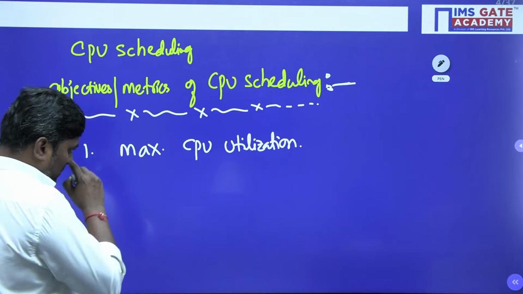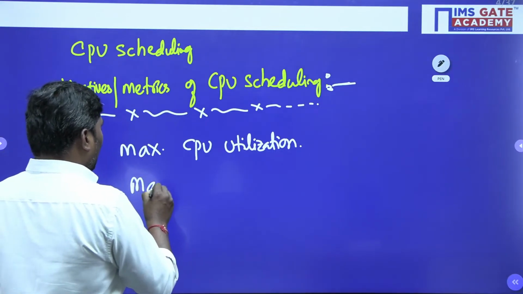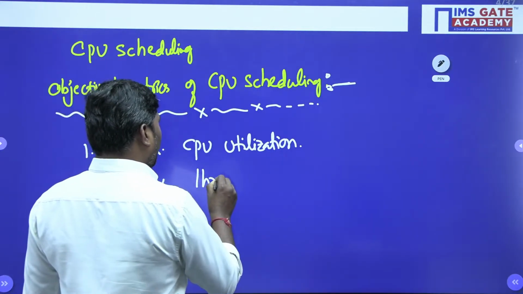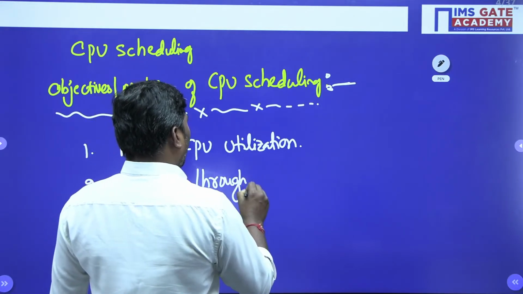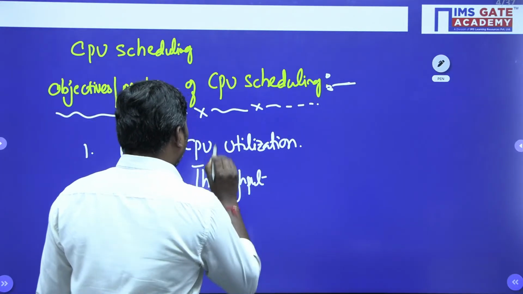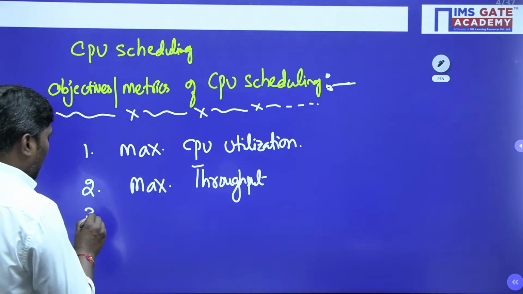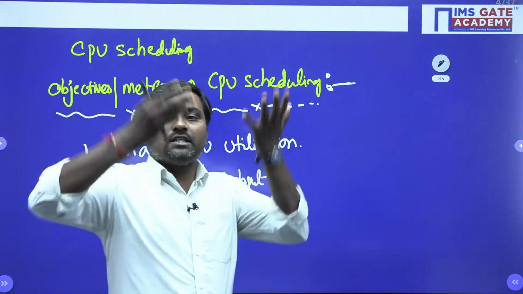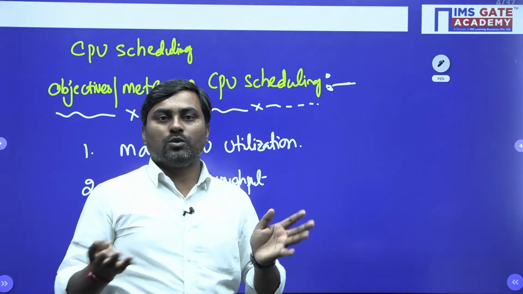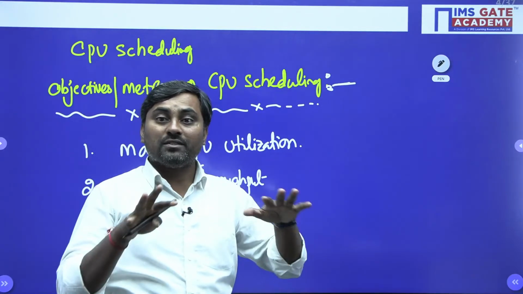Second objective, maximize the throughput of the system. Please understand, it is not only increasing the number of processes executed per unit of time, but also trying to minimize the waiting times.